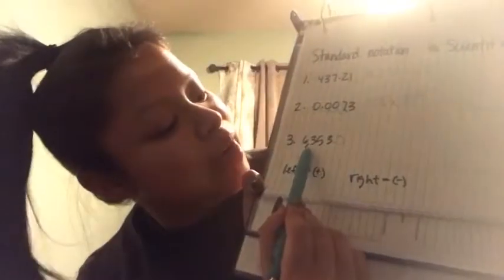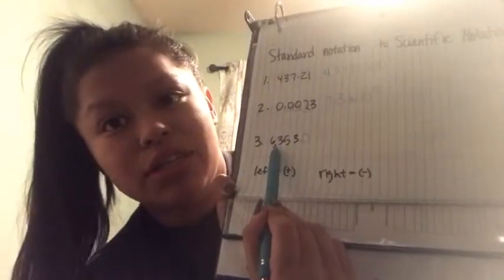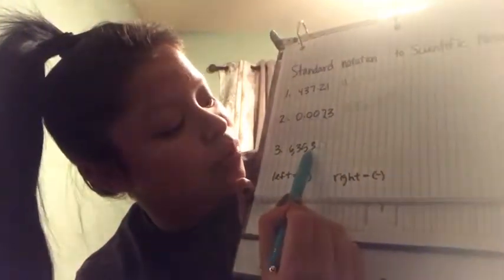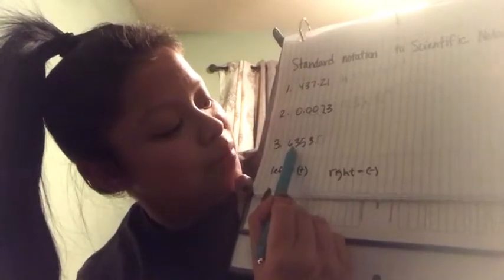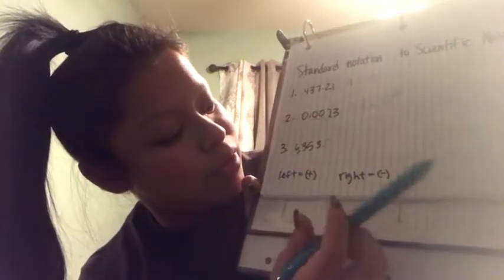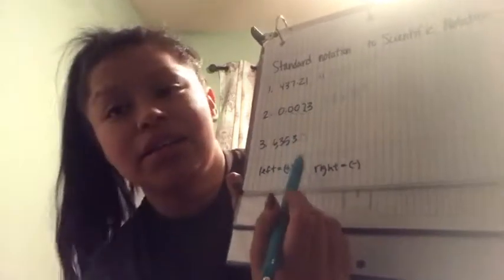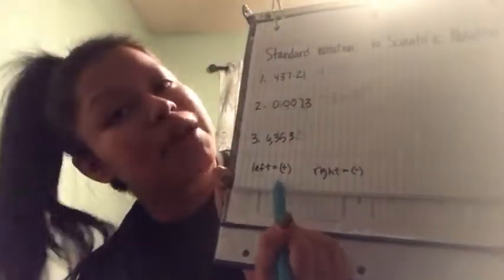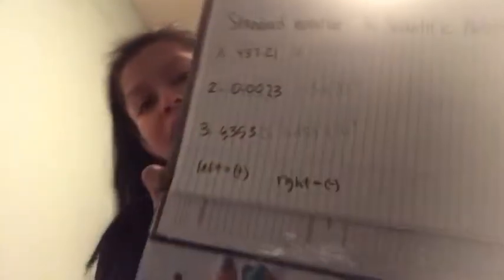So we only want to have one number in front of the decimal point. So we will move 1, 2, 3 spaces to the left, and since we're going to the left, it'll be positive. So whenever we write that, it'll be 6.353 times 10 to the positive 3. Like that.